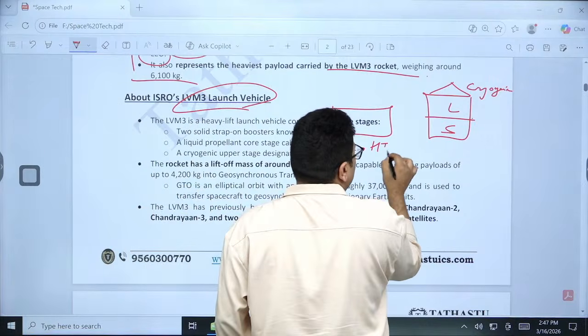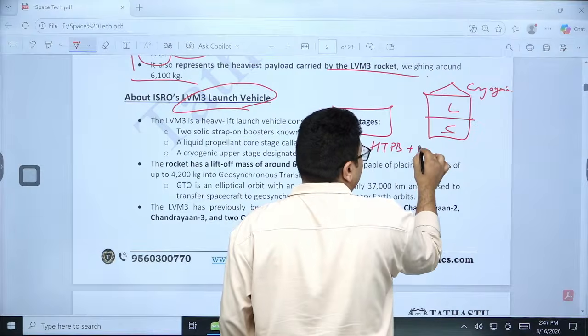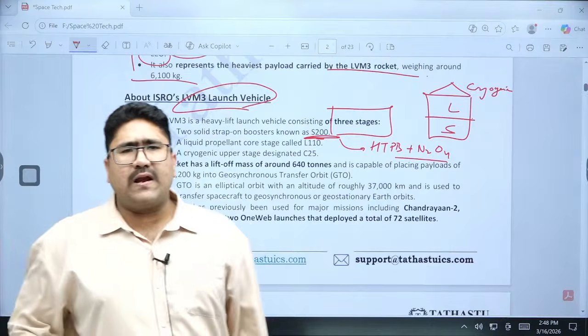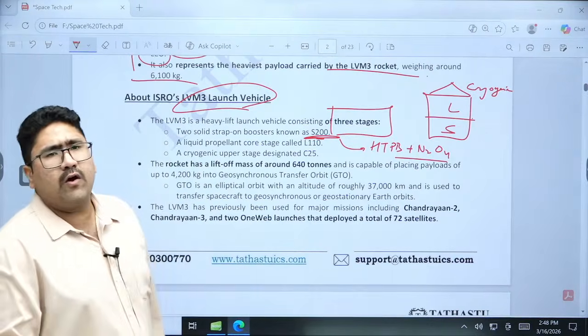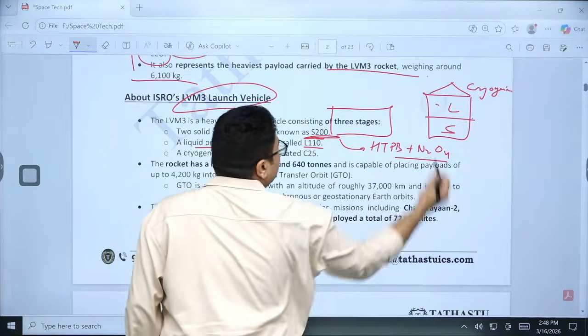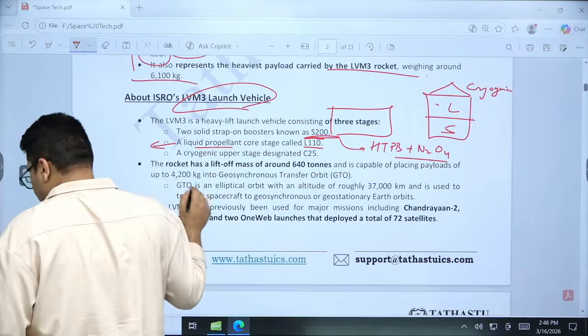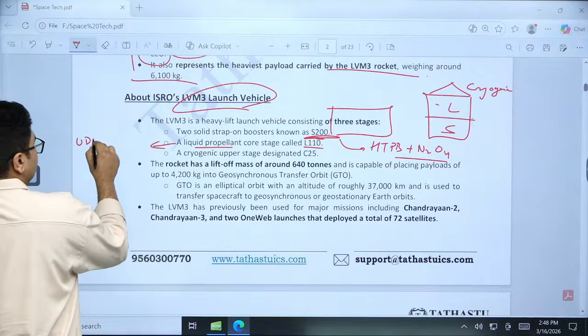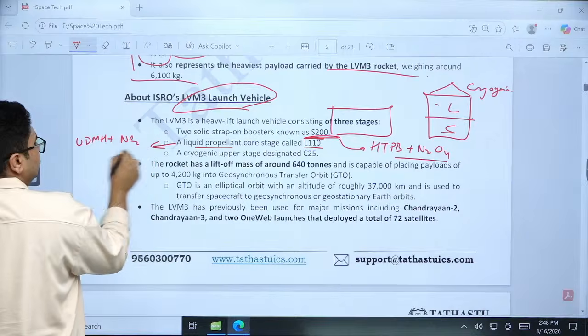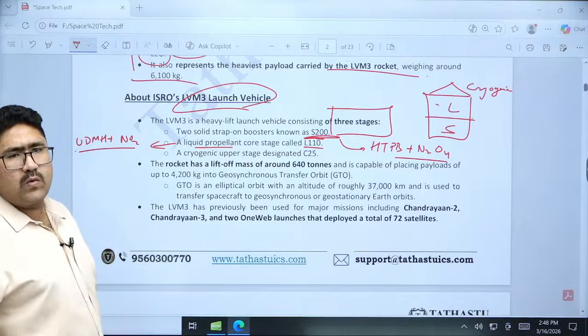Solid fuel is HTPB plus N2O4. HTPB acts as the fuel and N2O4 acts as the oxidizer. What is the liquid propellant? That is the second stage. The liquid propellant is UDMH plus NO2.